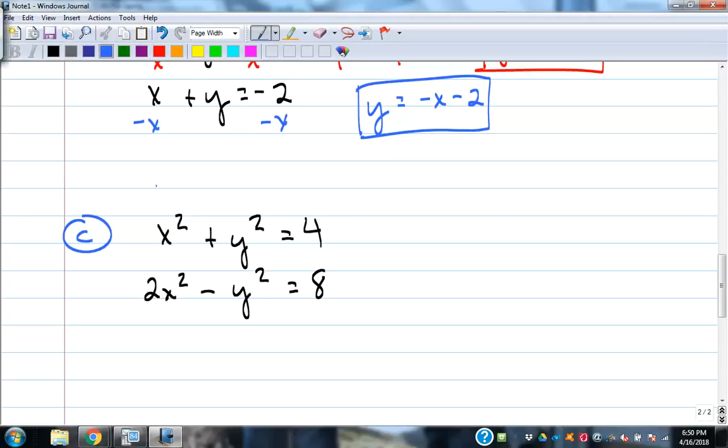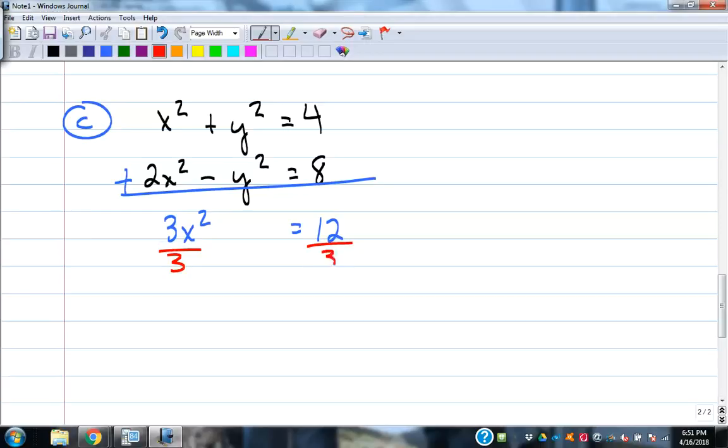This one actually works out a little easier starting out, because when I add those two equations together, these are like terms. So 1x squared plus 2x squared is 3x squared equals 12, right? And the y squareds are gone, which is a fairly simple equation to solve.